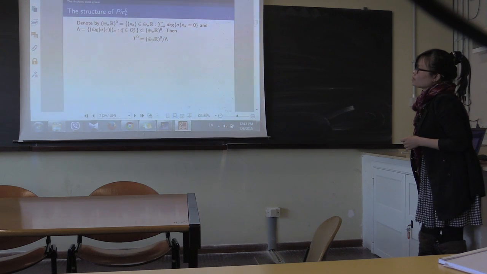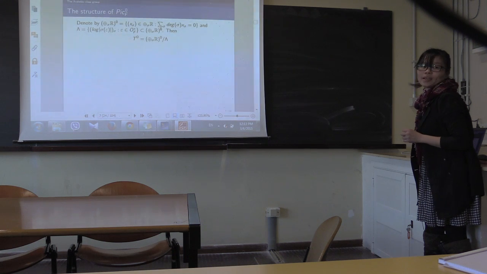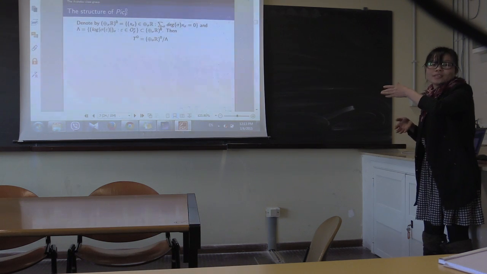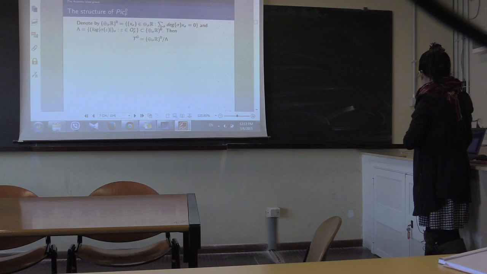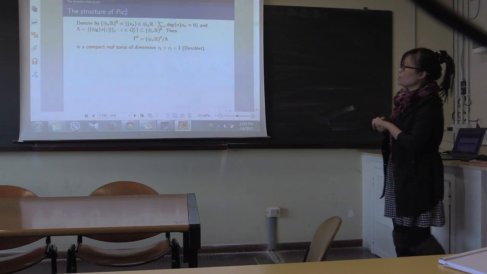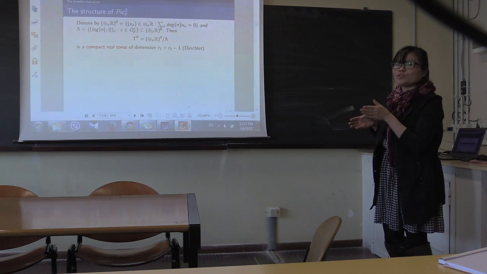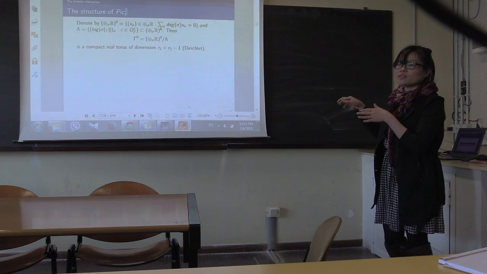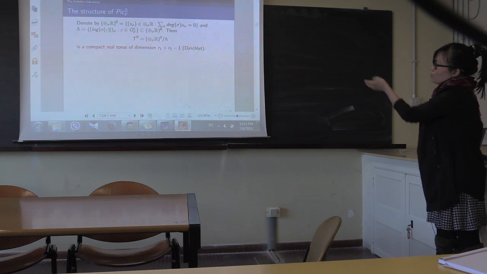Because any unit ε has norm 1, when we take the log it satisfies this condition. That's why Λ is contained in this vector space, and so we can take the quotient. Because Λ is a lattice, T⁰ is a torus. And because of Dirichlet's unit theorem, it is a torus of dimension r1 plus r2 minus 1, where r1 is the number of real places and r2 is the number of complex places. So T⁰ is a real torus of that dimension.